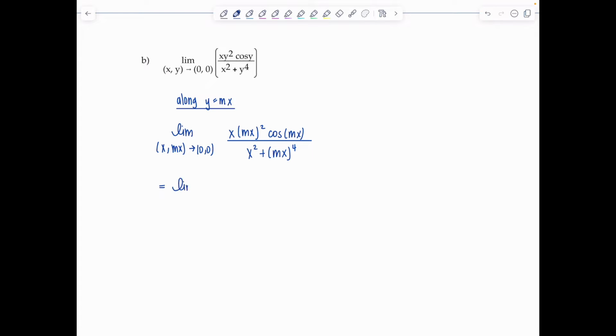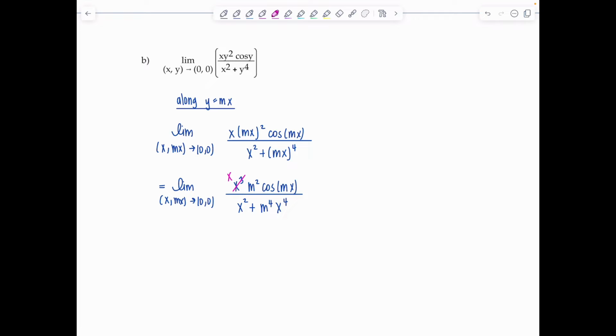Okay, so then we've got x cubed m squared cosine mx in the numerator, and then x squared plus m to the fourth x to the fourth down below. I can cancel out x squared from everybody.